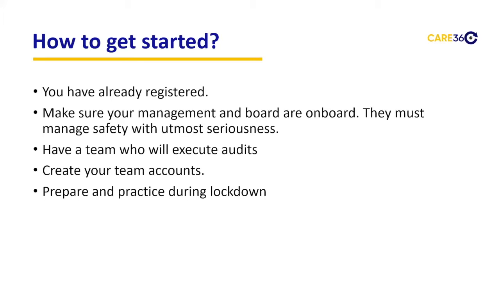It could be done by the internal audit team by itself, or this can be given to a different team. If you have a branch network, you may want to give it to the branch team itself, or you may want to leave it to your facilities or admin team to do these audits. You have to come up with a task team for these audits.